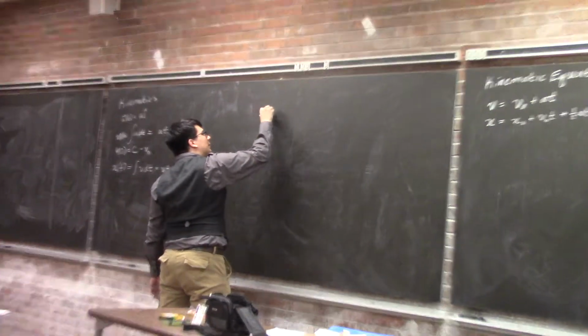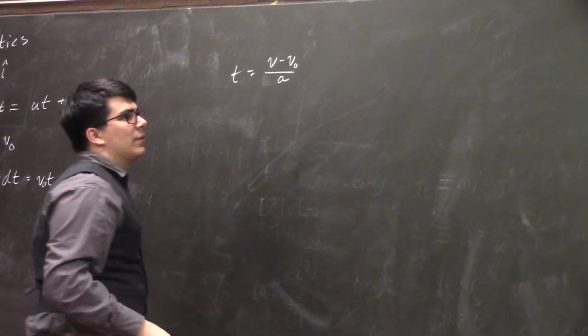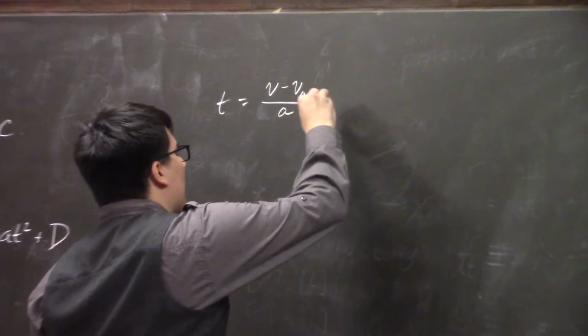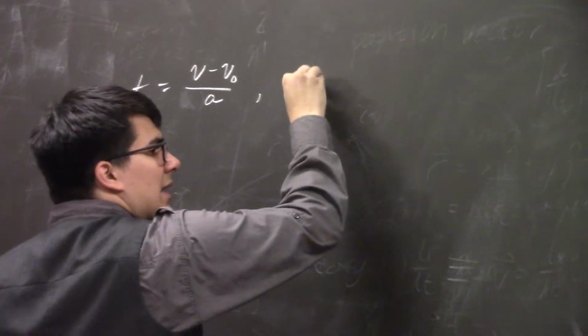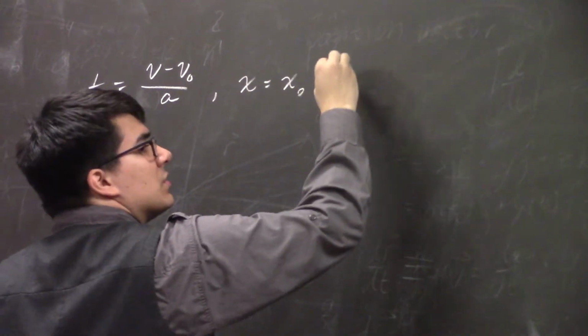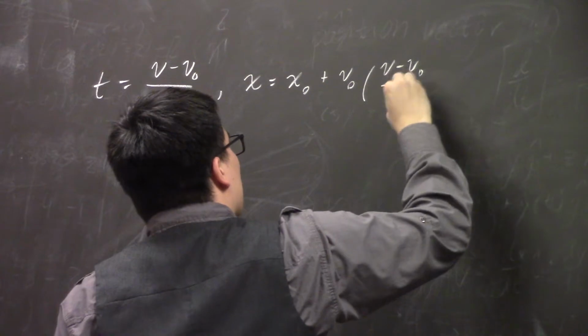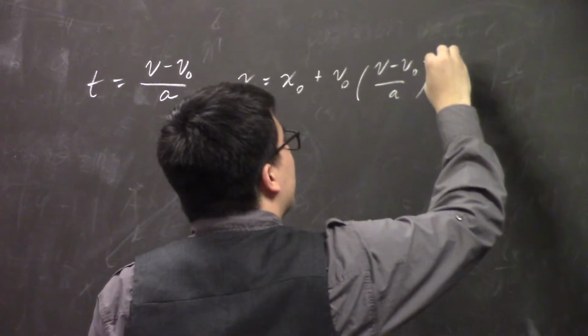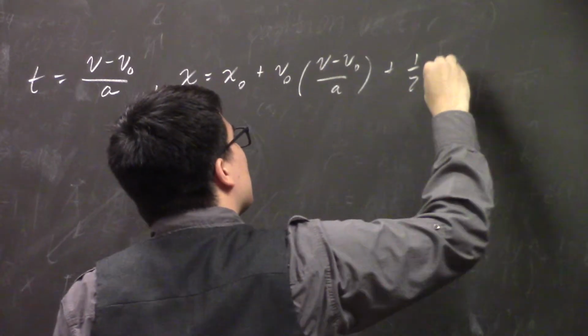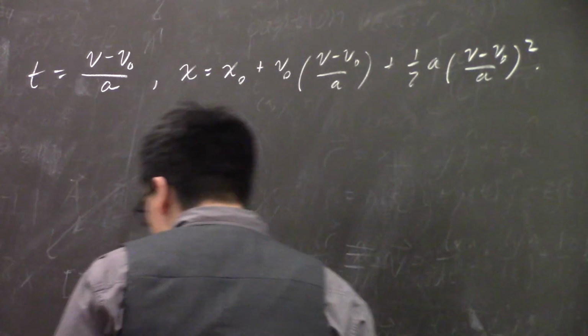So t would be v minus v naught over a, right? And my x would now be x naught plus v naught times (v minus v naught over a) plus 1/2 a times (v minus v naught over a) squared, right?